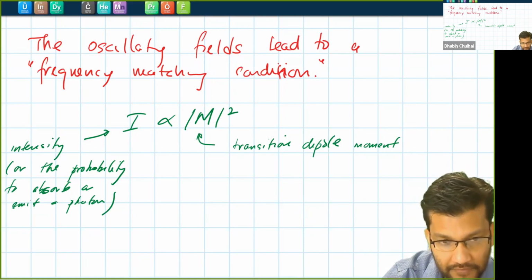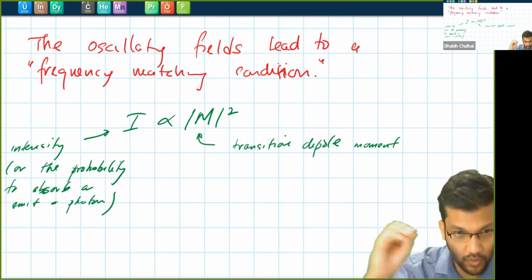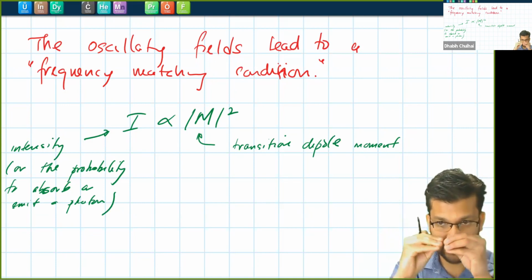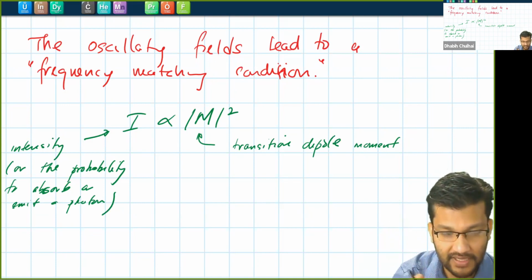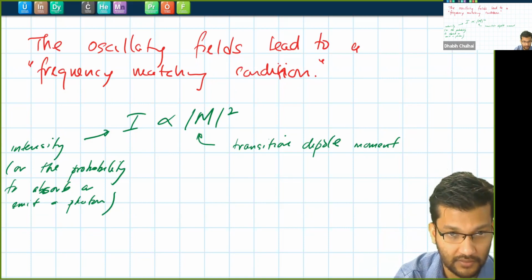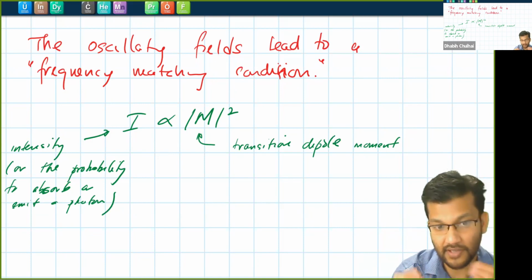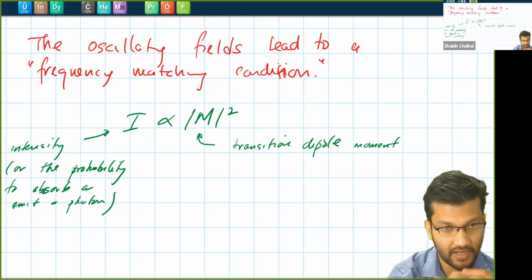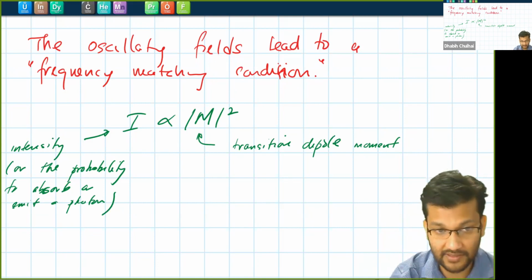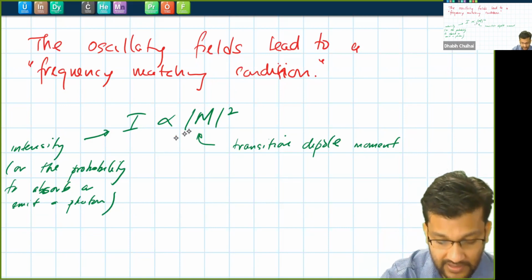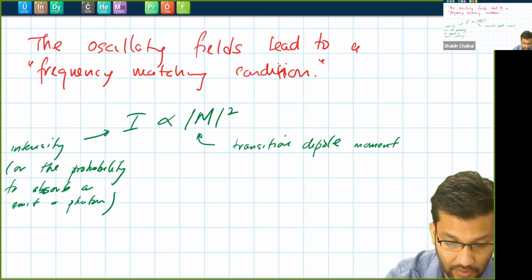Well, if you have one photon and one molecule, and they pass right by each other, it doesn't mean that that molecule would absorb that photon with 100% or 0% for that matter. There's always going to be some probability of that photon being absorbed and some probability that it's not. That probability is related to the square of this transition dipole moment.